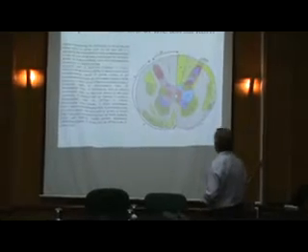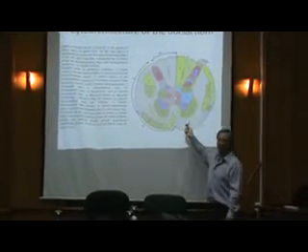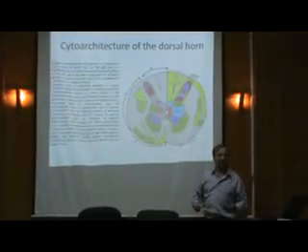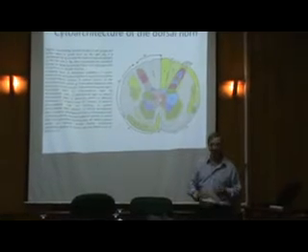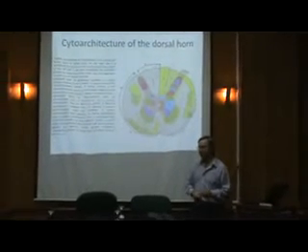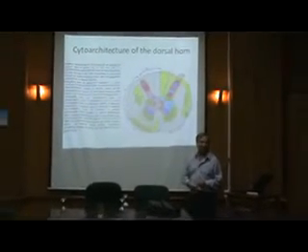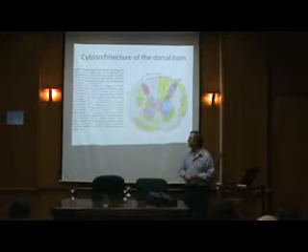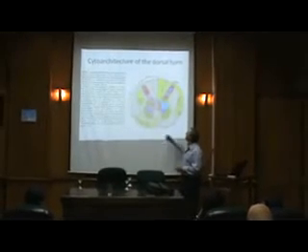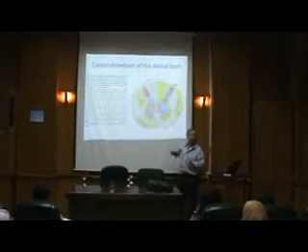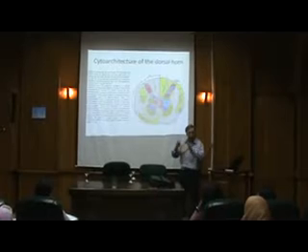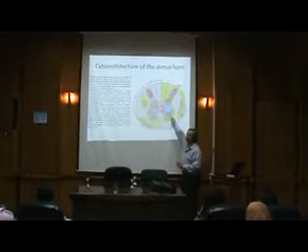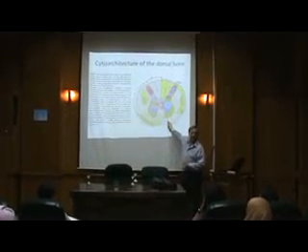This is the so-called lamination of Rexed. It is very popular in scientific papers, but we are not going into detail. In general, we have dorsal, intermediate, lateral, and ventral.